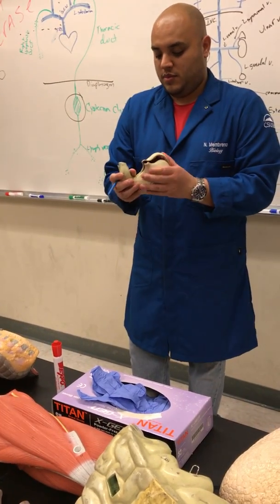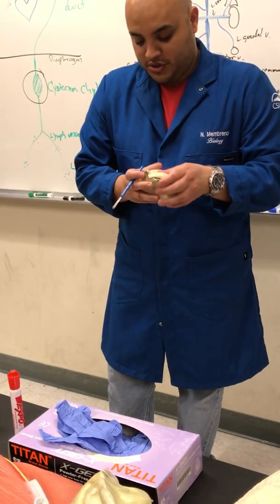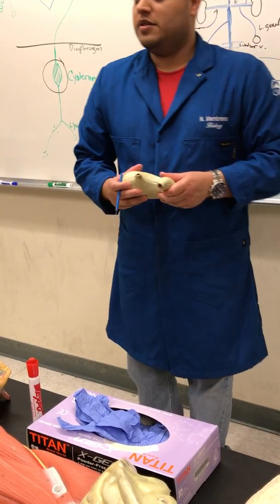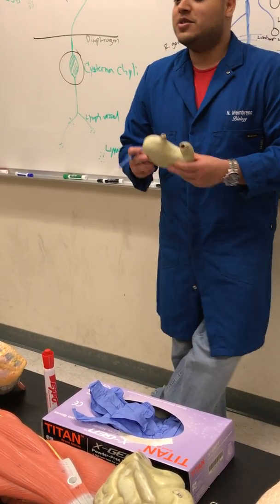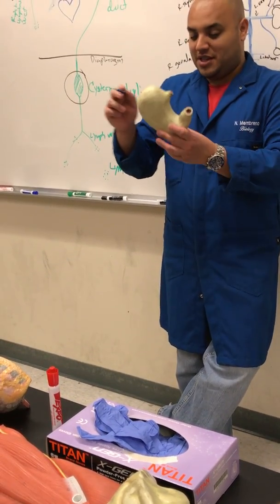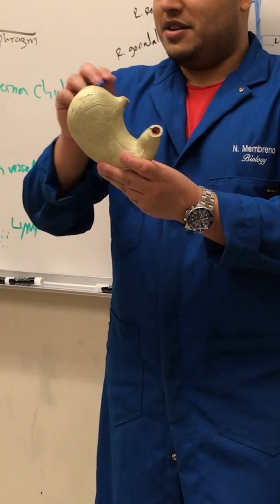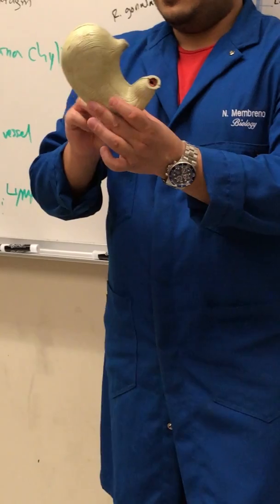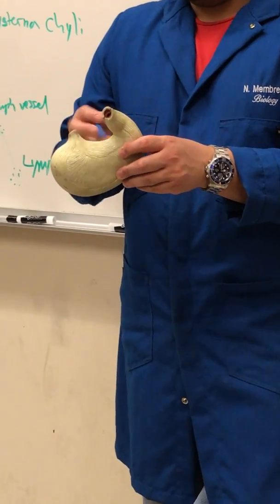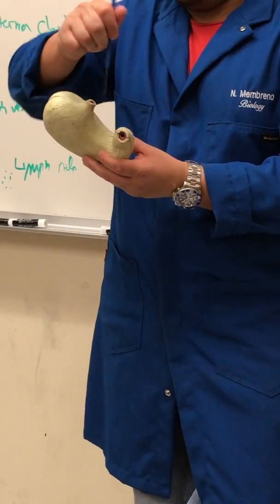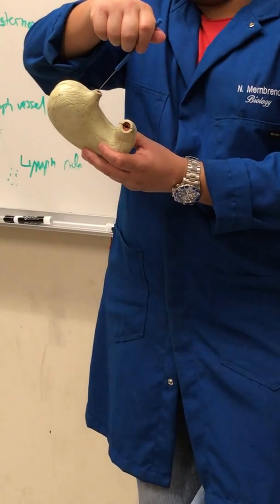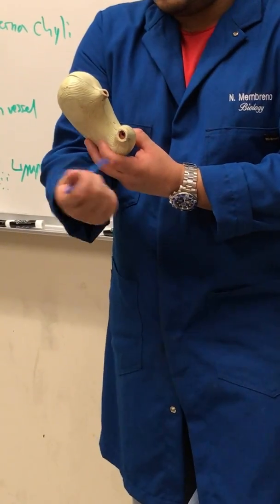The stomach. Wait, are you sure it's the stomach? Yes. Maybe something else. So this is the stomach. What's this called? Fundus. This is the greater omentum. Greater curvature. Lesser curvature. Cardiac sphincter.